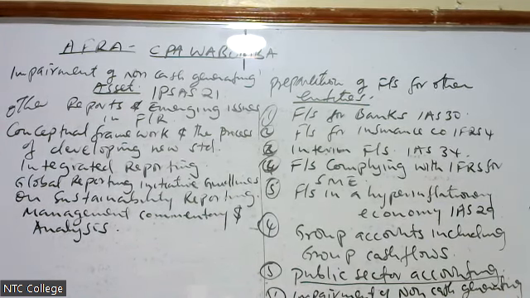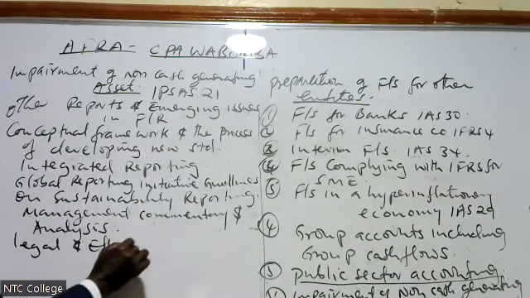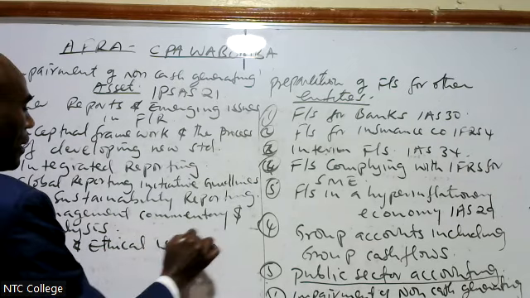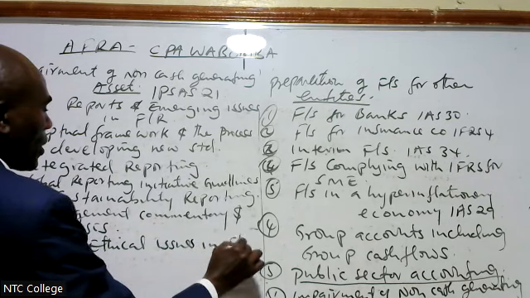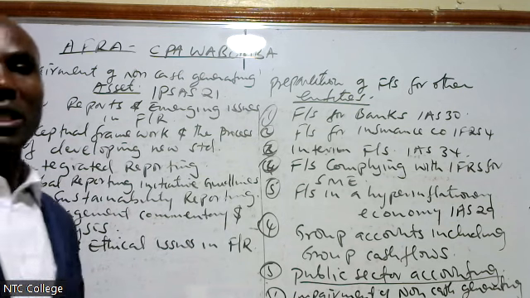Then number five is legal and ethical issues in financial reporting. This is pure theory. Therefore, we shall be looking at those theories.